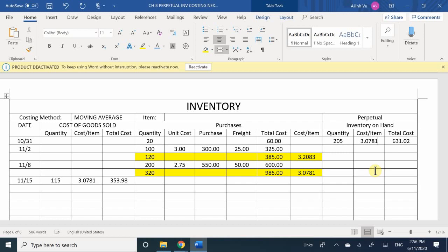So it should still be the same number. So here we know that on November 18th we sold 145 units, and we verified that it is going to be for the same amount. So how much total is this?